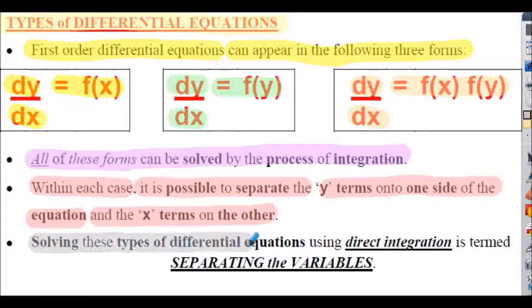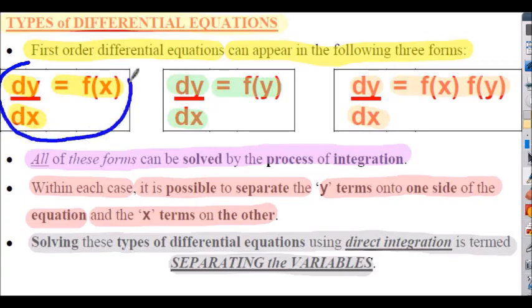Solving these types of differential equations using direct integration is termed separating the variables, variables separable. But in this presentation we're only going to consider equations of the form dy/dx is equal to a function of x. Later presentations will consider differential equations related to the other two forms.